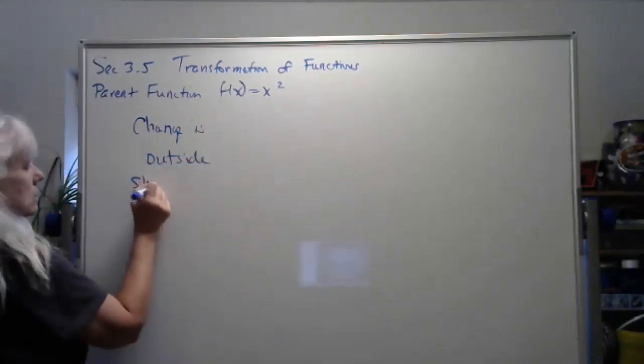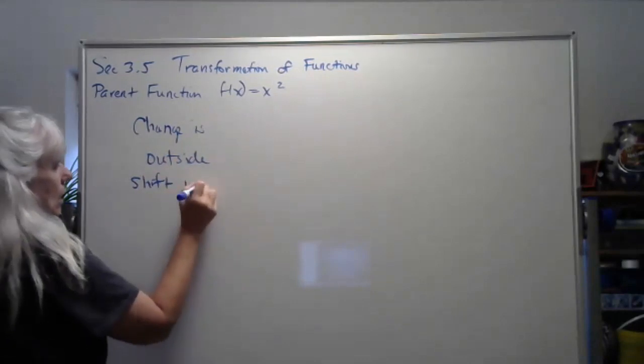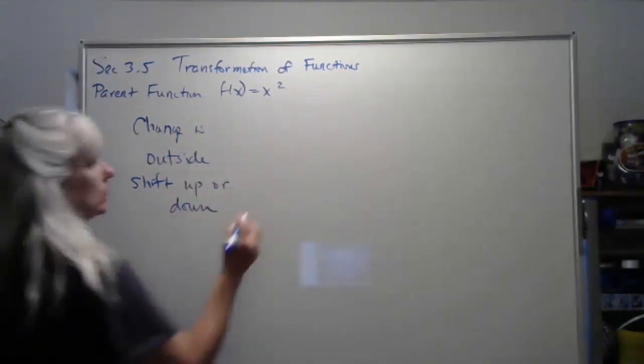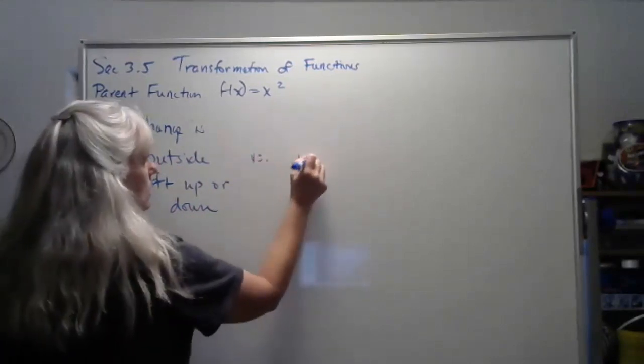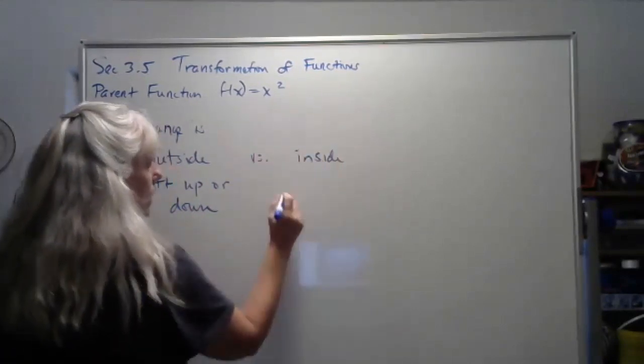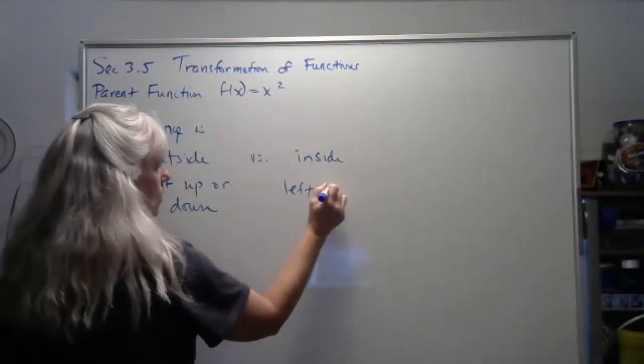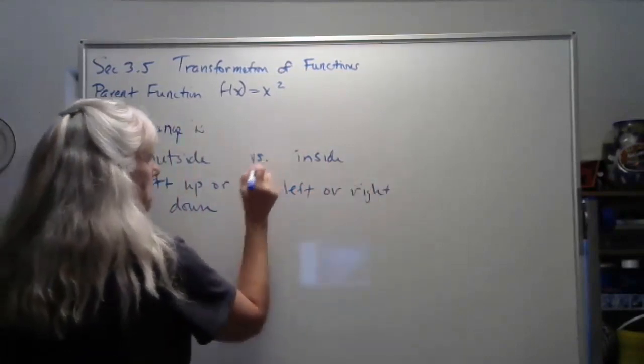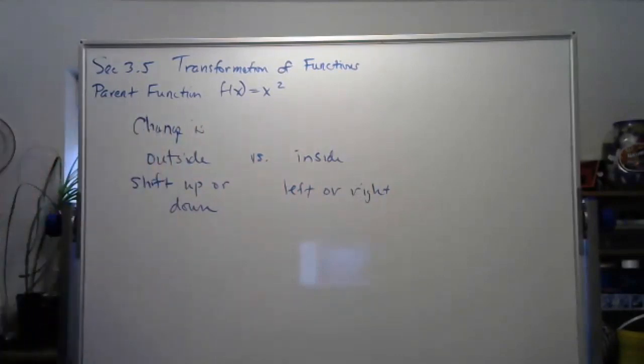So we're going to shift up or down. And if it was on the inside, we went left or right. So if the change was on the outside, we went either up or down. If the change was on the inside, we went left or right.